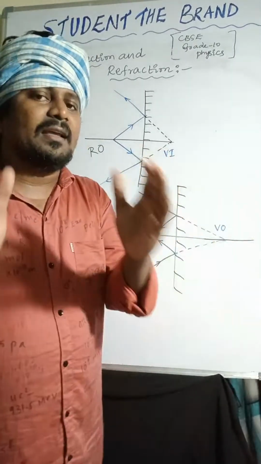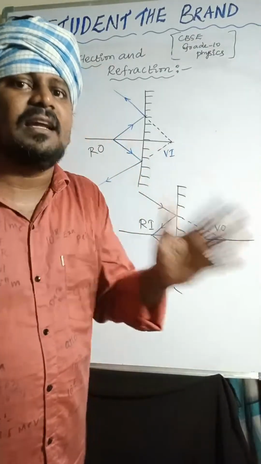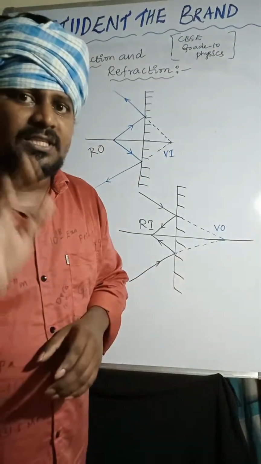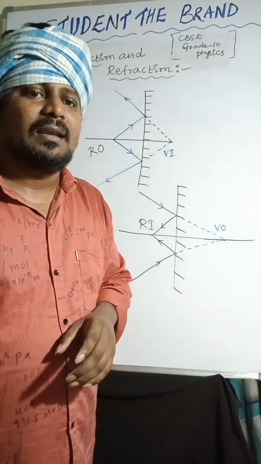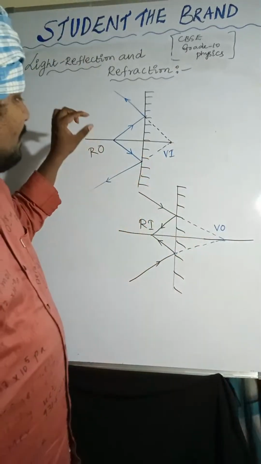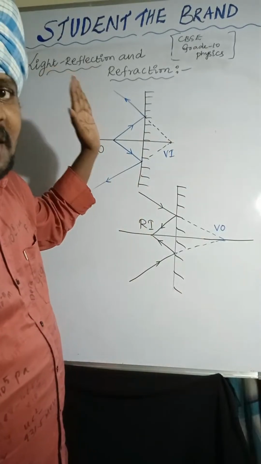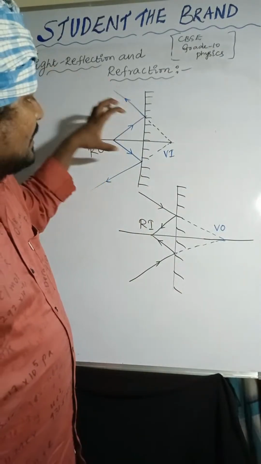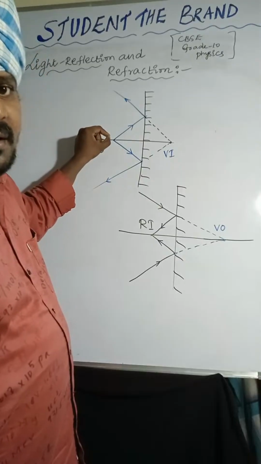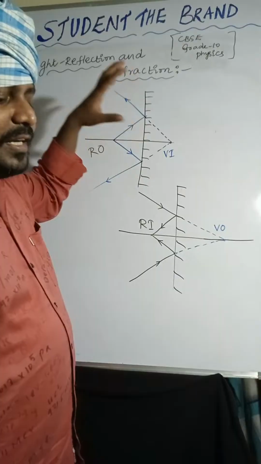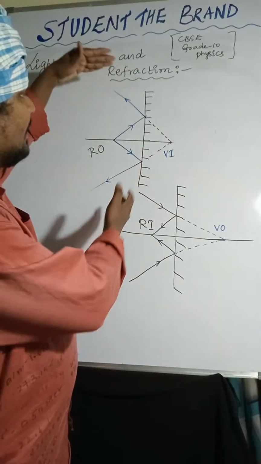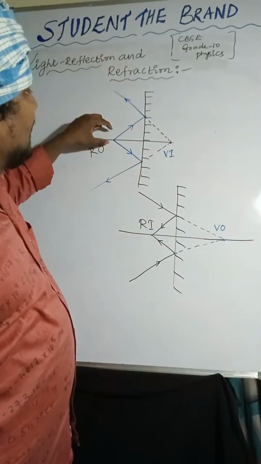Here I am saying very clearly to you all. Listen here. If the light rays are coming from one point, after reflection, light rays are moving away from the principal axis.